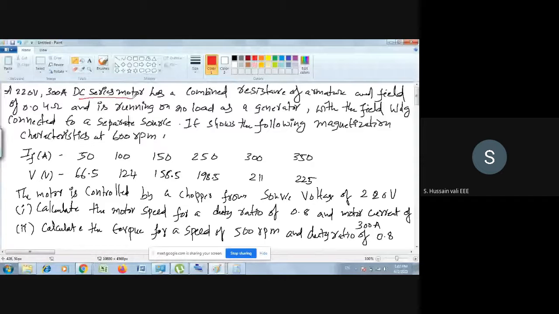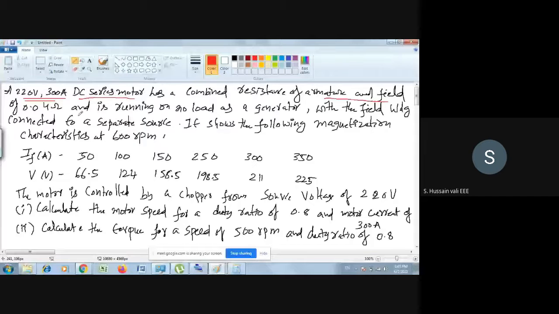A 220 volt, 300 RPM, 300 ampere DC series motor has a combined resistance of armature and field of 0.04.